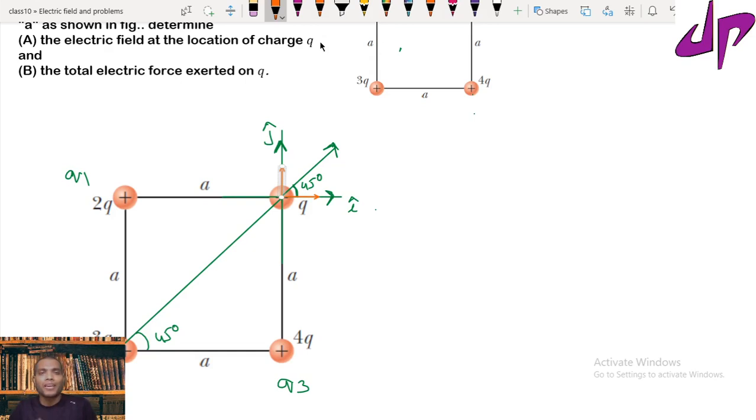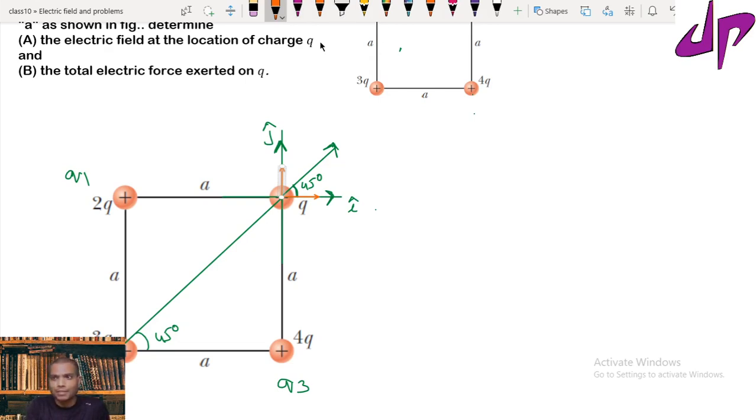First of all, how to figure out the direction of the resultant electric field. Now I write it using the principle of superposition. What is the electric field due to these three charges here at the charge q?